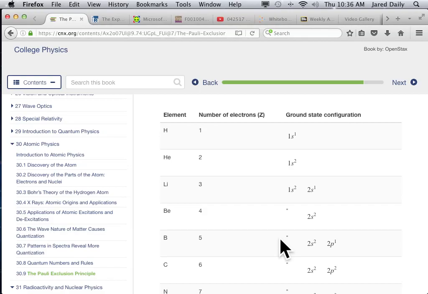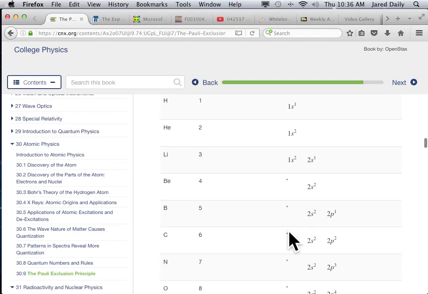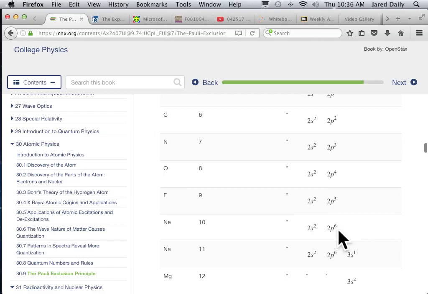And you're just counting along there. 2p1 gets you to boron. And then 2p2 gets you to carbon, and so on and so forth, until you fill up that shell all the way to the end of that row, to 2p6. That's all the way to neon: 1s2, 2s2, 2p6, right?